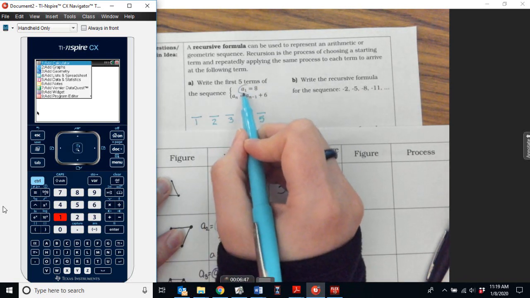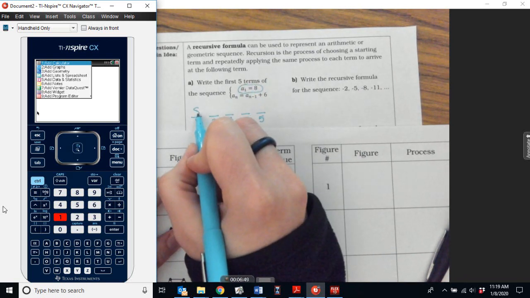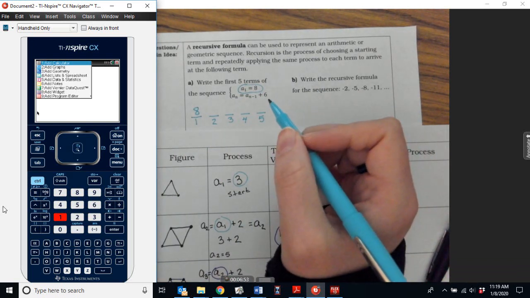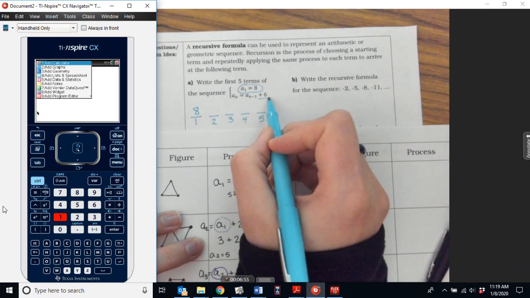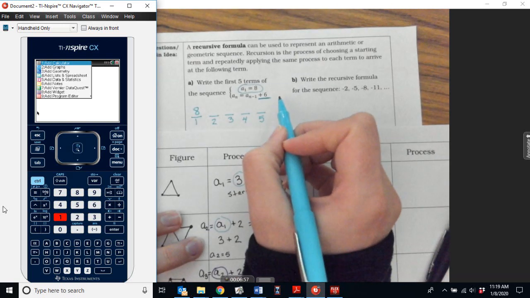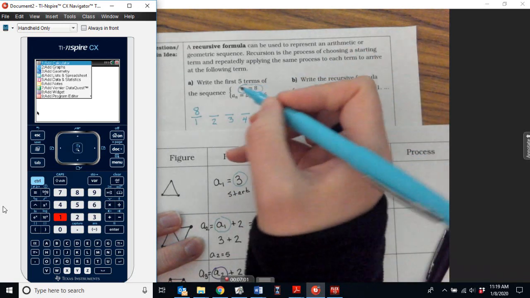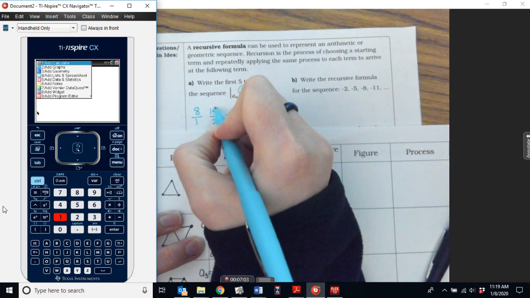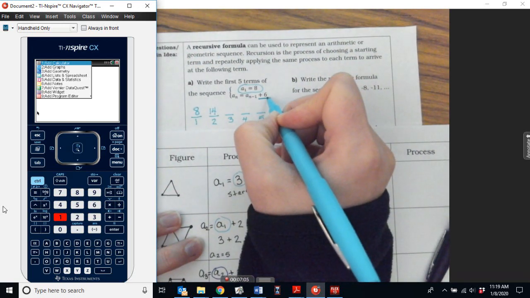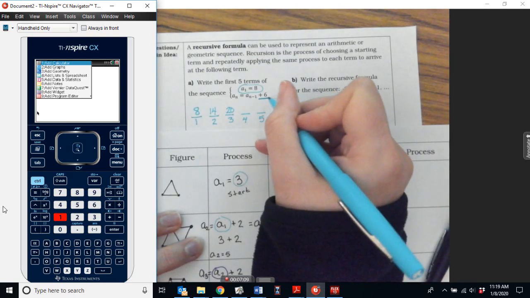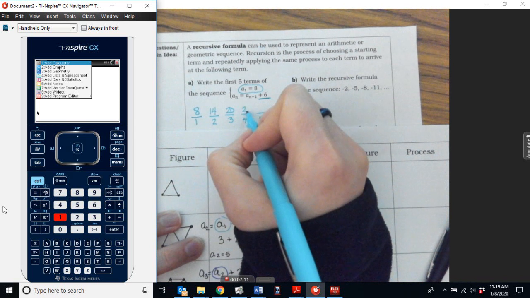I need to write the first 5 terms. Well, they told me that the first term is 8, and then every term is being added by 6. So 8 plus 6 is 14. 14 plus 6 is 20. 20 plus 6 is 26.